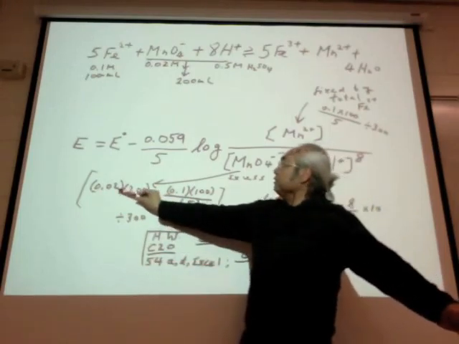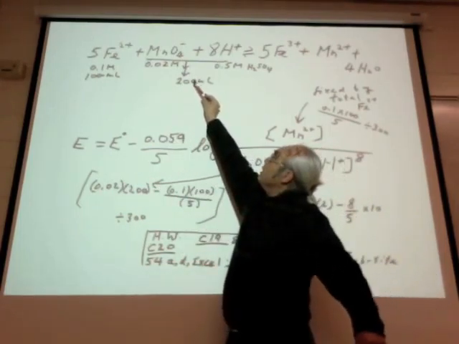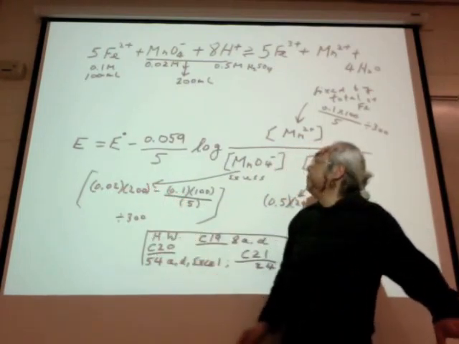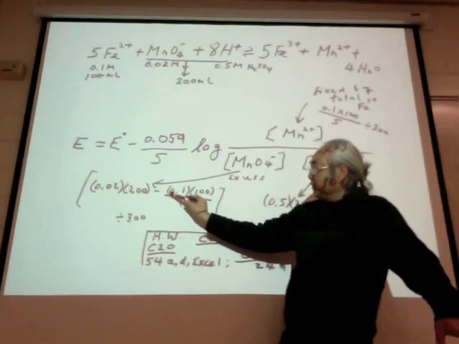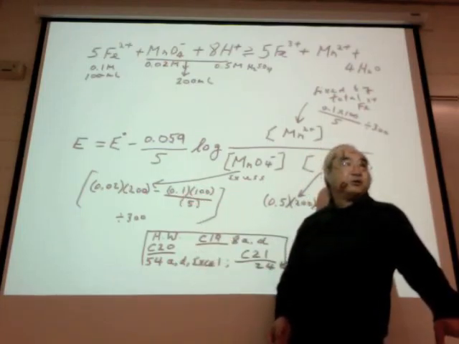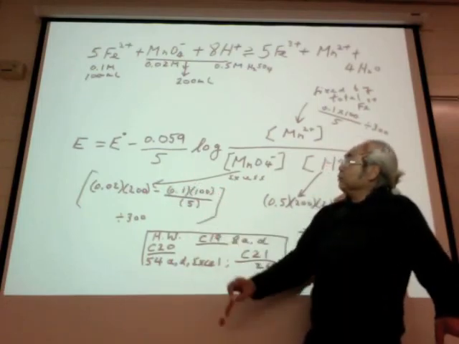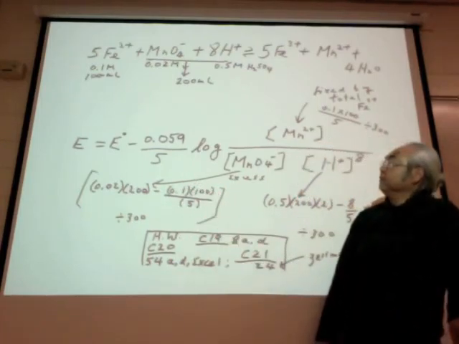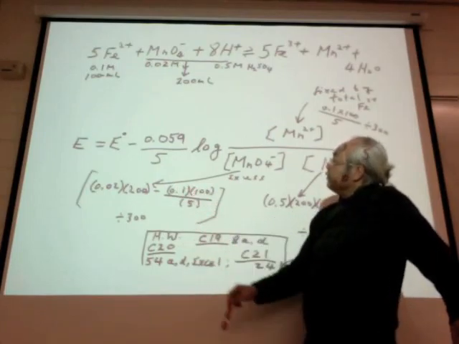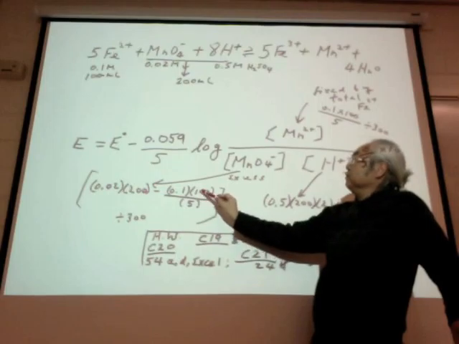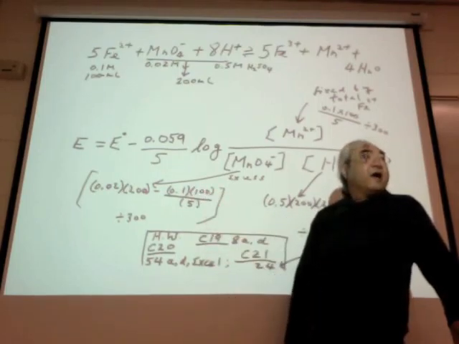MV, that's what you added practically. Then subtract the quantity reacted, which is how much is left in the mixture. This represents the quantity reacted with Fe2+. This is the total of Fe2+.